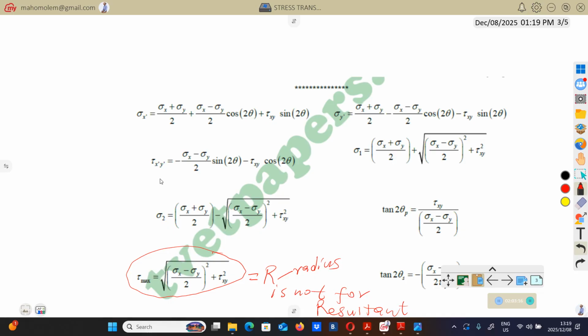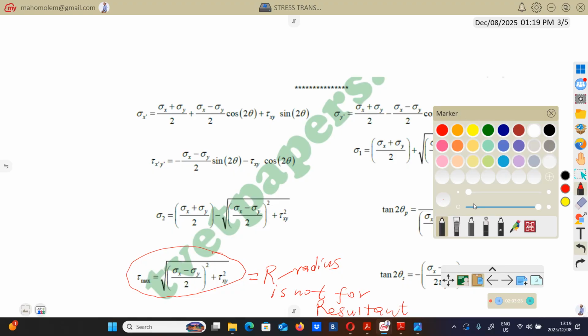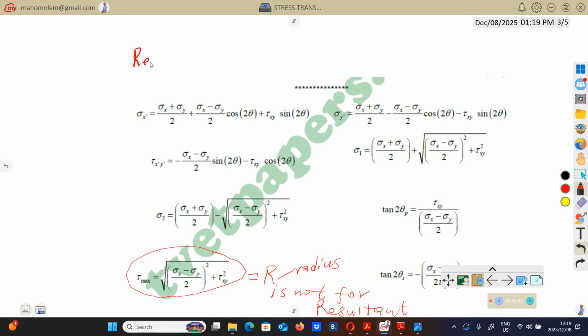The formula for resultant stress is just that they don't write it on the formula sheet. For resultant stress, the formula is this one.